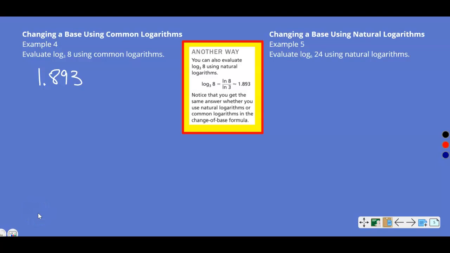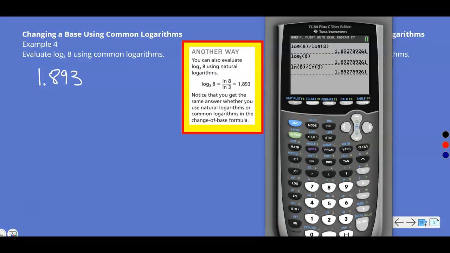Example 5 says changing a base using natural logs. So that means we're going to use the ln, which represents natural log, and we know that again means base e. So we evaluate log base 6 of 24 using natural logs.